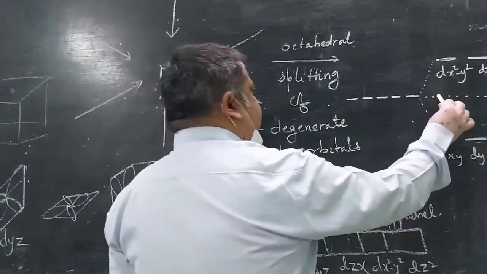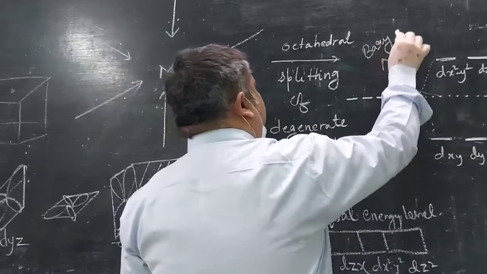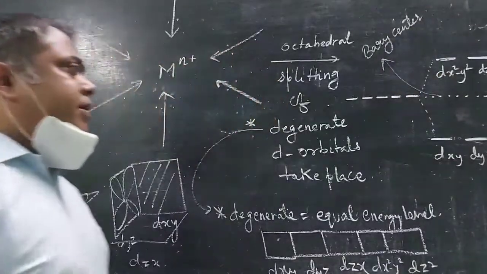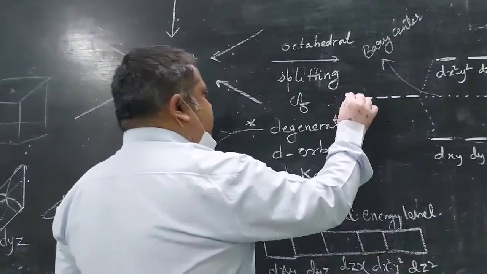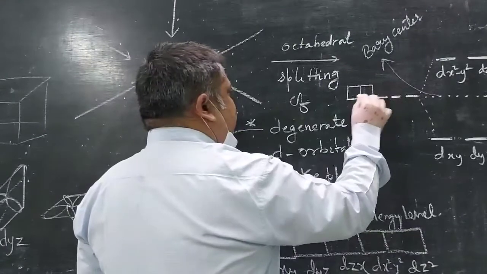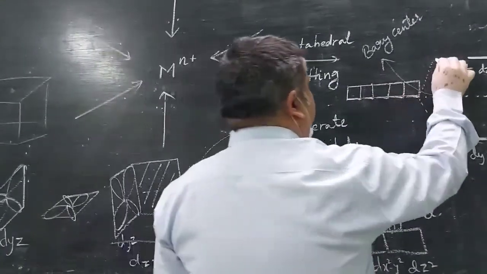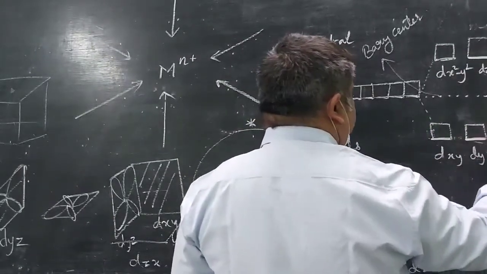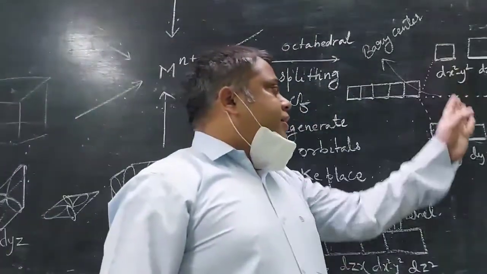This average energy level is called the barycenter. It is just like the center of mass of the d orbitals. Okay. You can make boxes also, no problem. Now these orbitals are not degenerate.